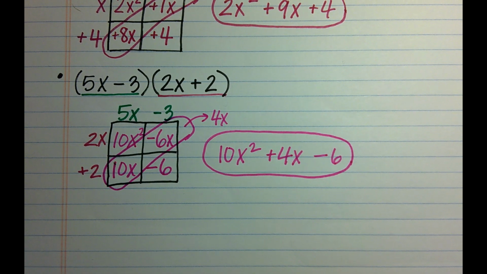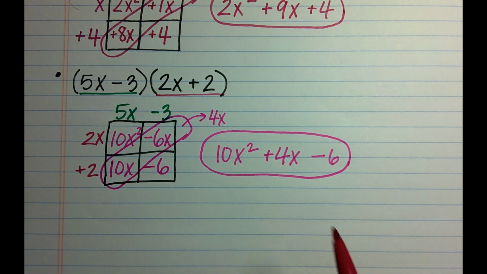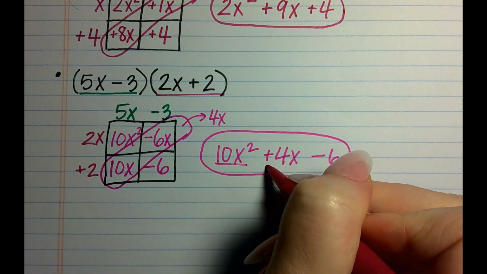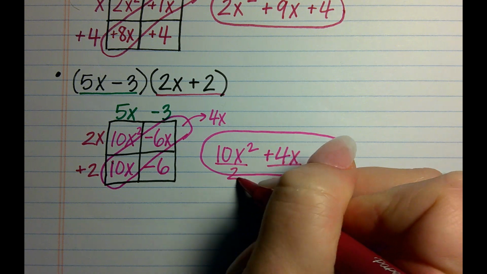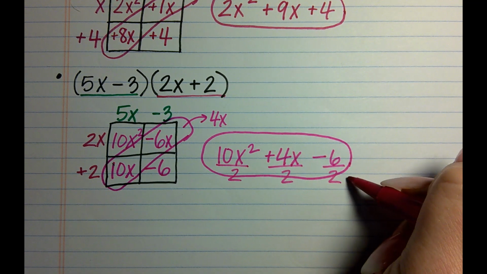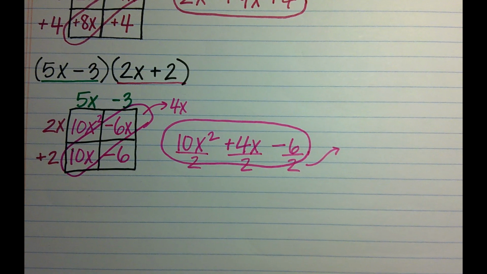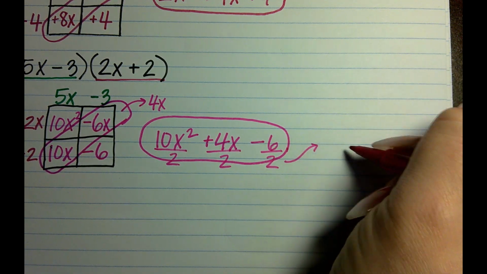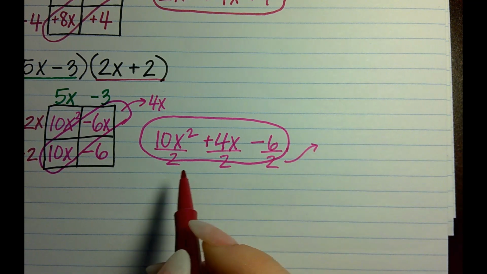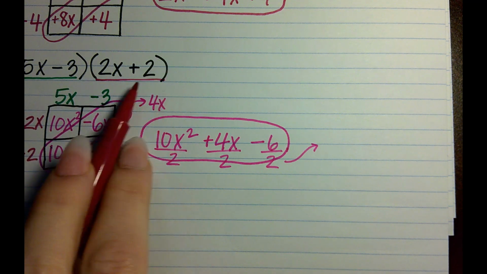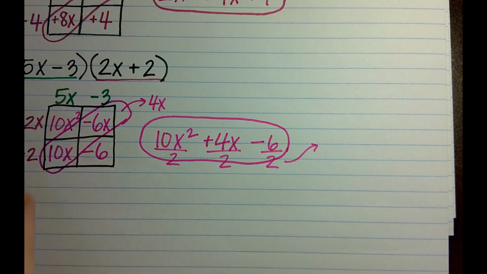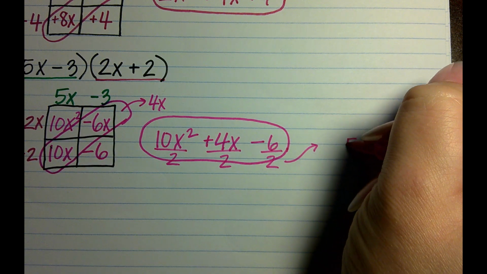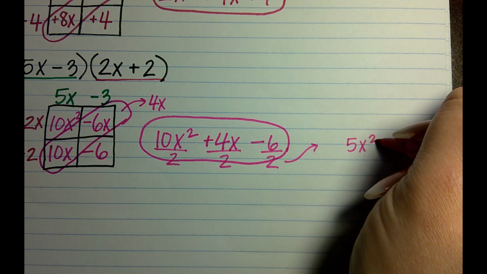Wonderful. Do we have a greatest common factor here? 2. We do. So just for fun, let's take it out. And what would my answer look like? 5x squared plus 2x minus 3.